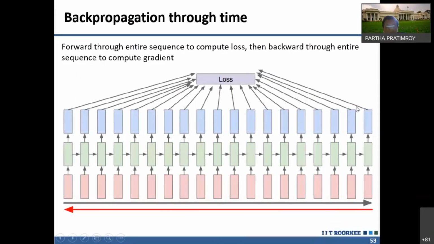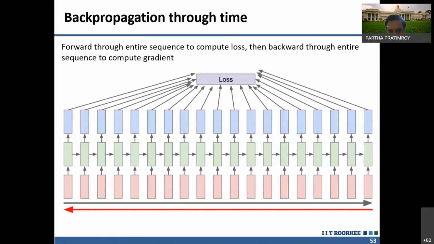So if you want to train a recurrent neural network, first you initialize with some random weights, some random numbers initially. You get the results just like in forward propagation, the forward pass.